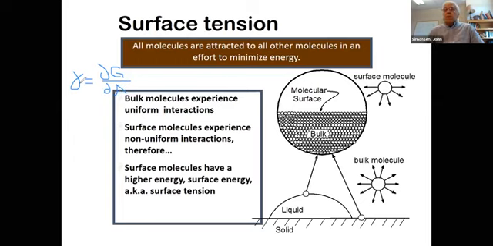So you have surface energy. The thermodynamic definition is the partial differential of the free energy as a function of area. So it's free energy divided by area, and that's surface energy. It's almost always going to be called gamma.